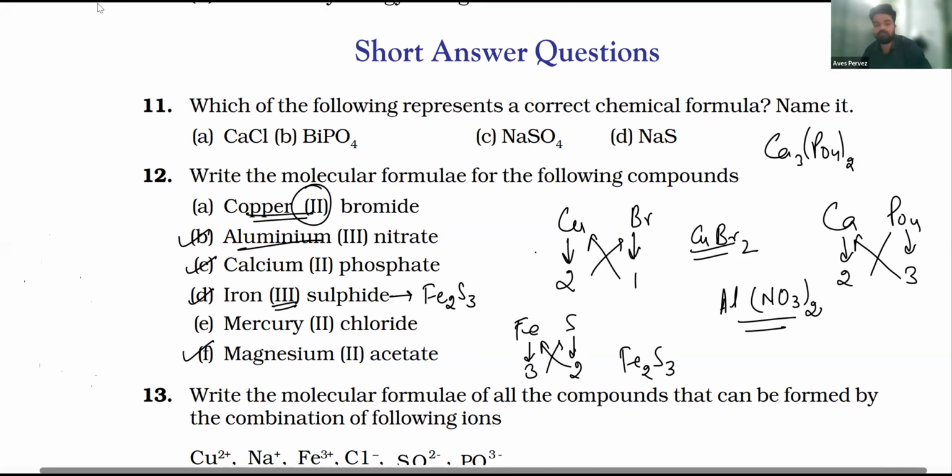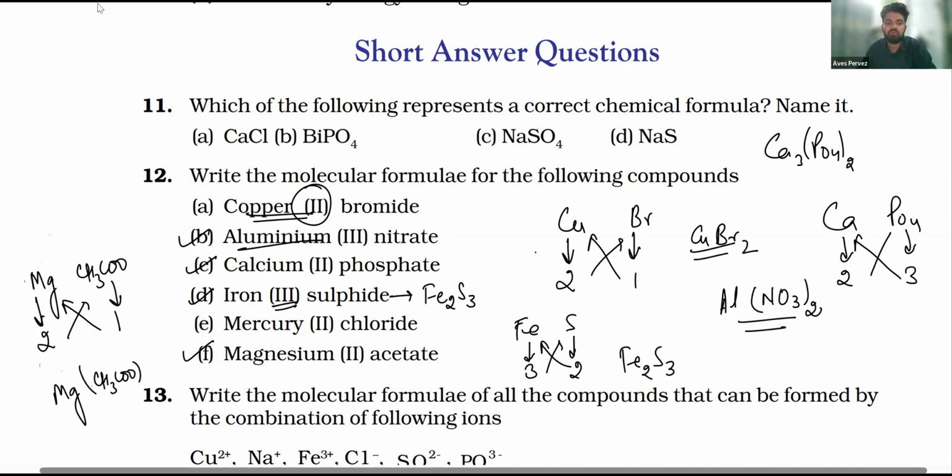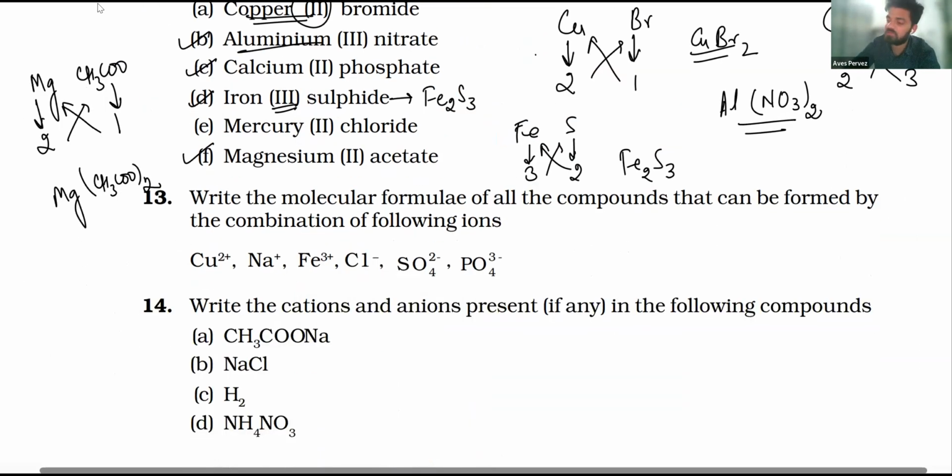So it will become Mg in bracket CH3COO whole 2. You cross multiply these two and you will get Mg(CH3COO)2. Understood? Noted. Question number 13.